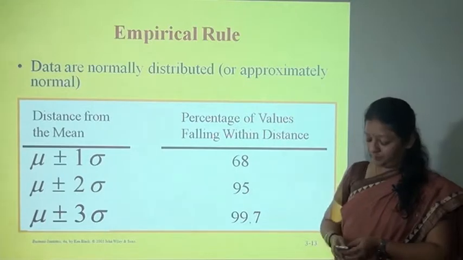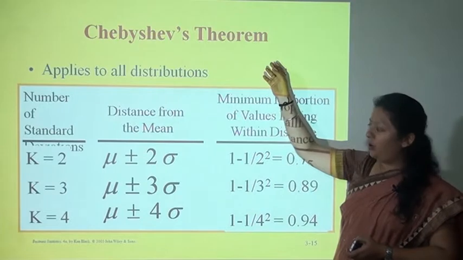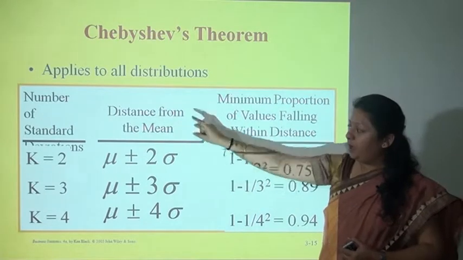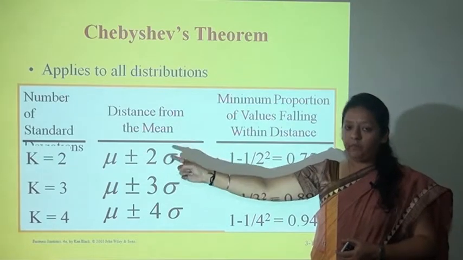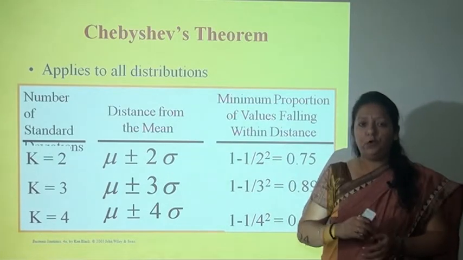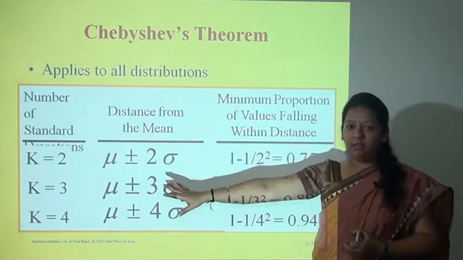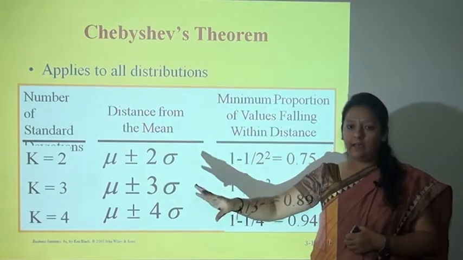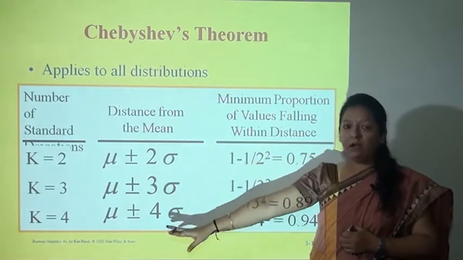We'll now see how the Chebyshev theorem is used. The number of standard deviations is given, that is equal to k. In the Chebyshev theorem, the formula is 1 minus 1 upon k square. K is the number of standard deviations in a data set. So we'll have k equal to 2, 3 and 4.